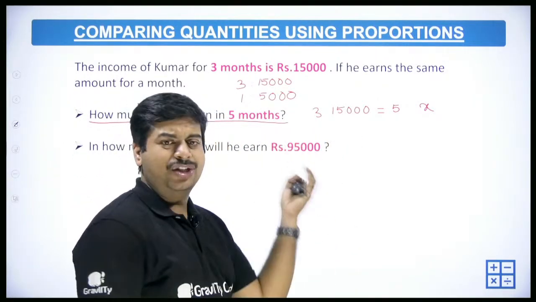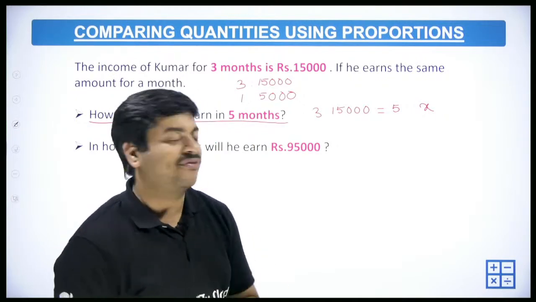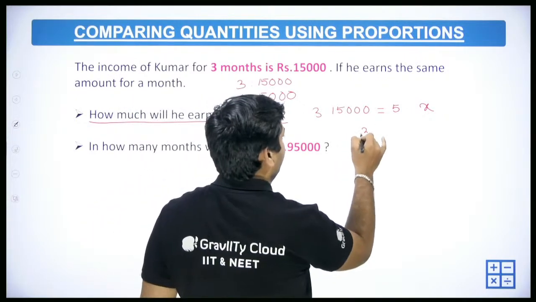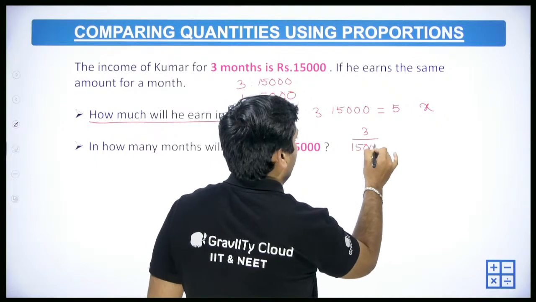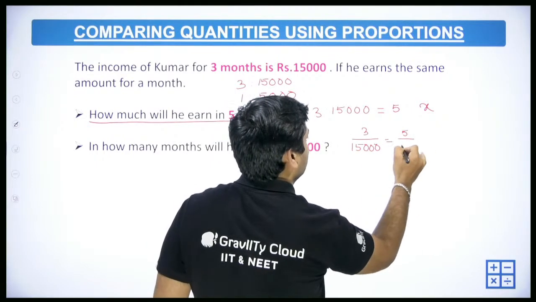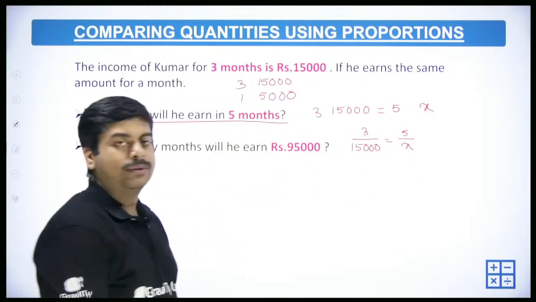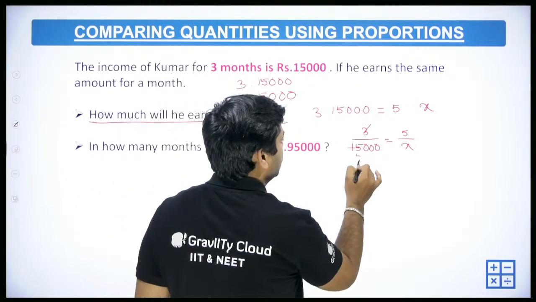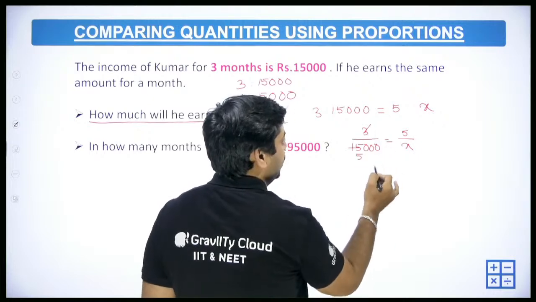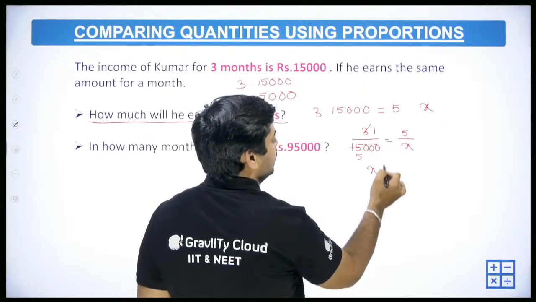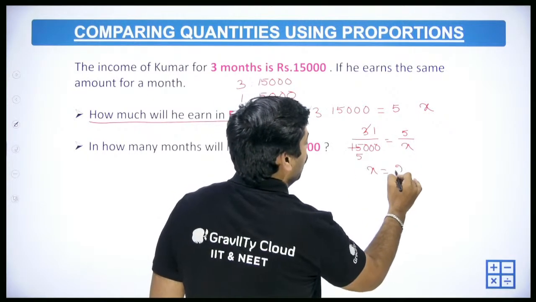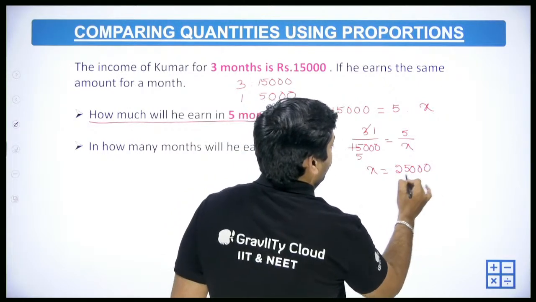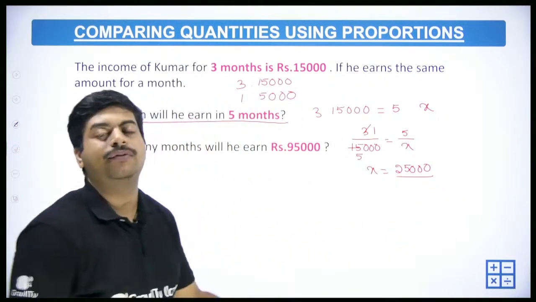These are just fractions. So 3 by 15,000 is equal to 5 by X. Cancelling, 3 1s are 3 and 3 5s are 15, so that is 5,000. If you cross multiply, X into 1 is X, equal to 5,000 into 5, which is 25,000. So for 5 months, his income will be 25,000.